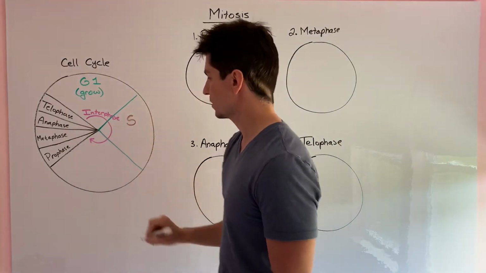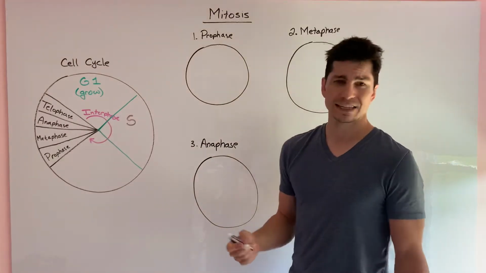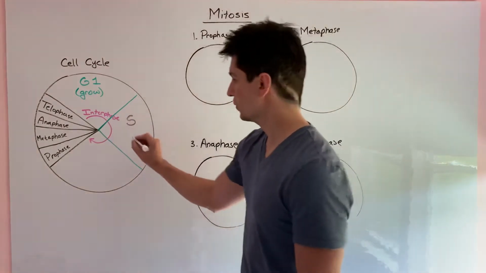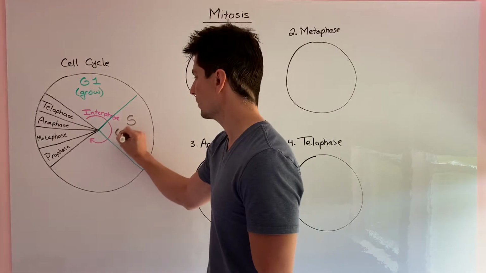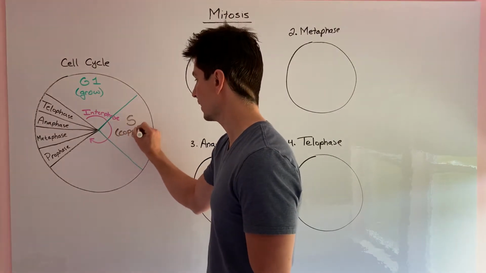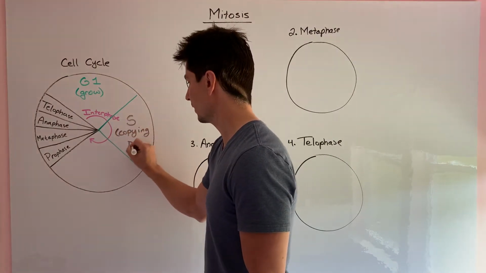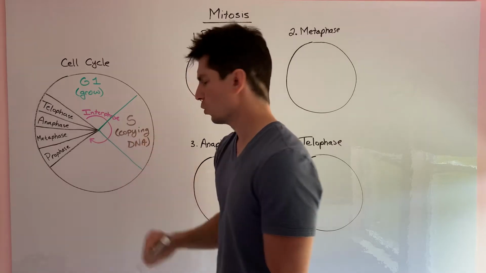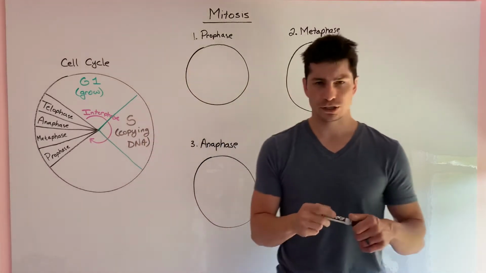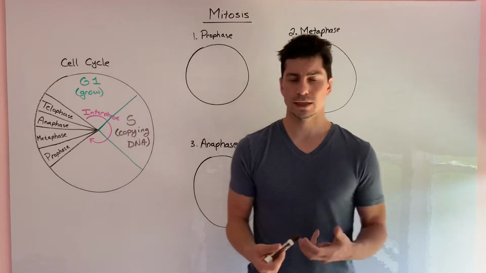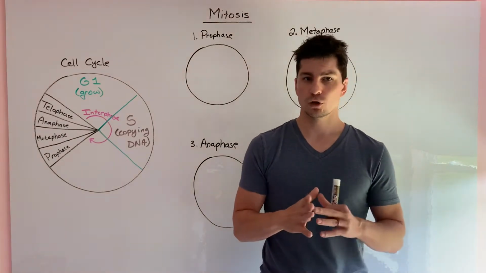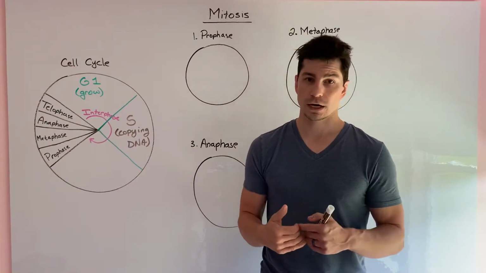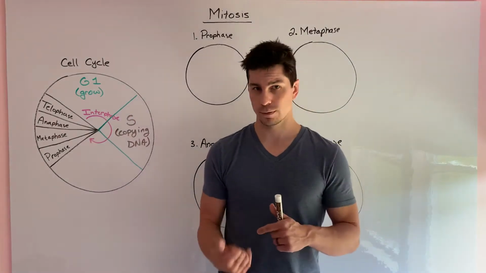So this one is going to be called S phase. S stands for synthesis. All we're doing here is we are copying our DNA. Why are we copying our DNA? Well, let's just talk about human DNA to begin with. Each one of your cells, your normal body cells, has 46 chromosomes.